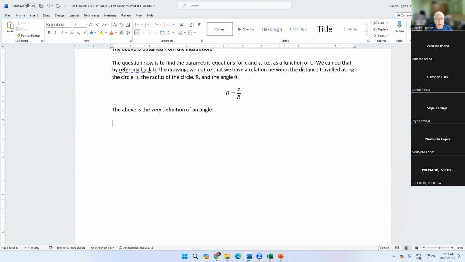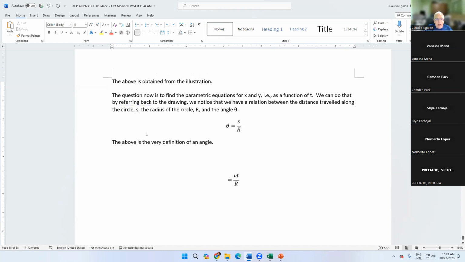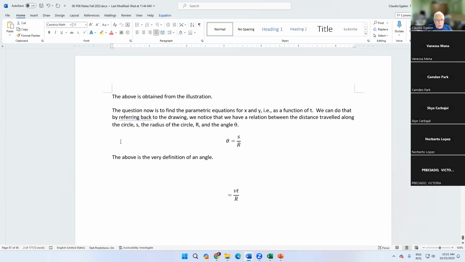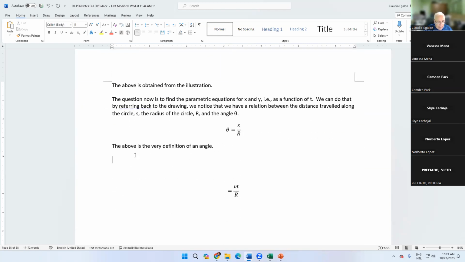Okay, and I don't want to miss this relation here, but don't look at that yet. What I'm going to do is substitute the relation for the angle right here.